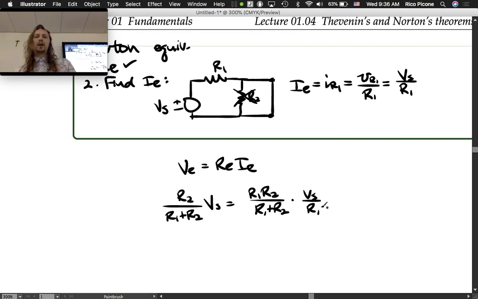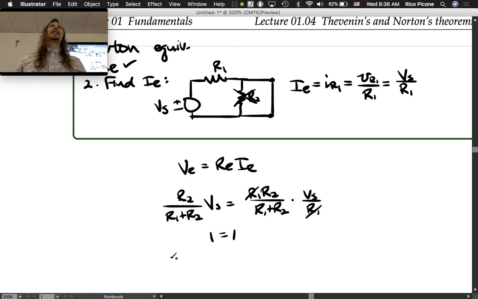So the R1s cancel on this side, and you can see it immediately, right? They're equal. This implies that 1 equals 1, and we like that when that happens.